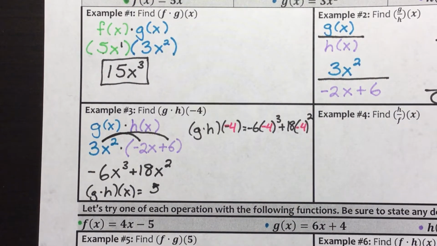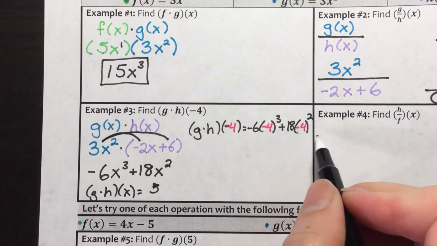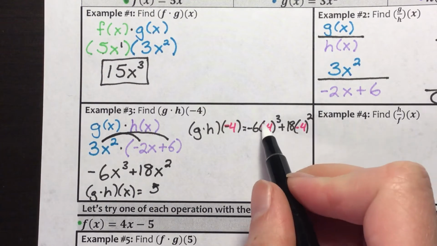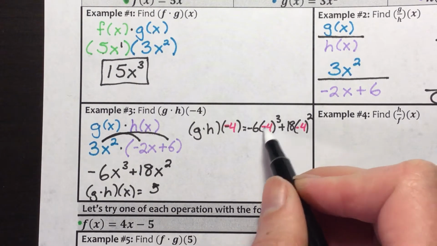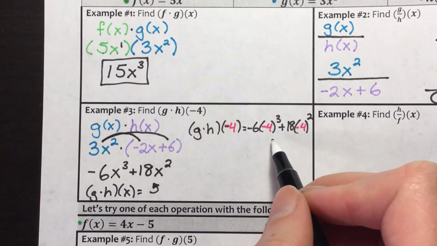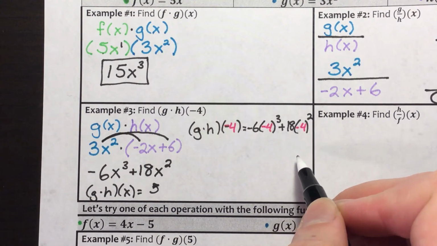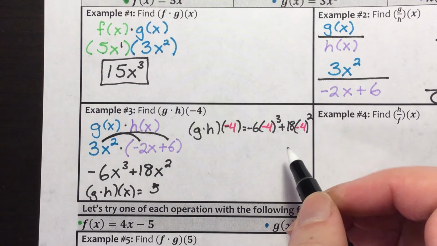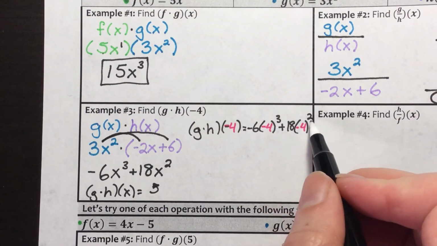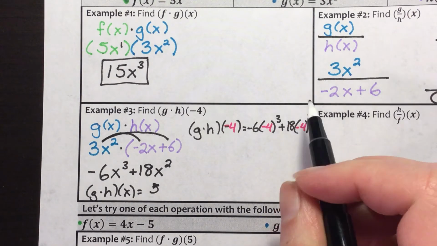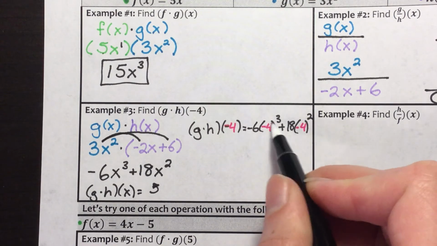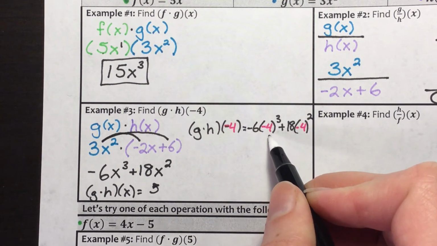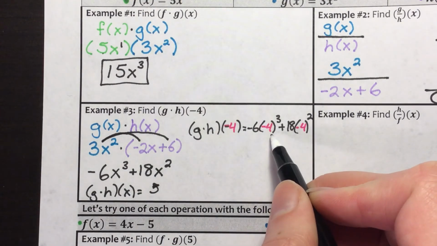Okay, at this point, you are able to just plug this whole right-hand side into your calculator. Make sure that you use parentheses every time you plug in one of those negative 4s for several reasons. One, you want to make sure it doesn't look like subtraction. Another thing, as you cube and square, sometimes your exponent will force the negative 4 to turn positive as you multiply it out.